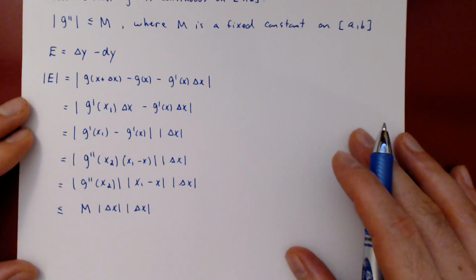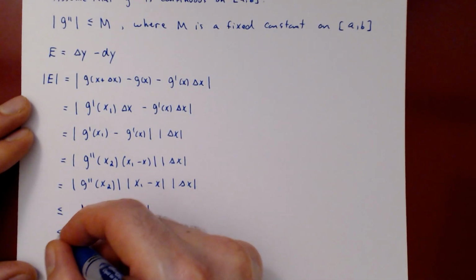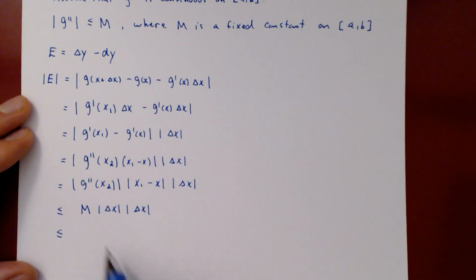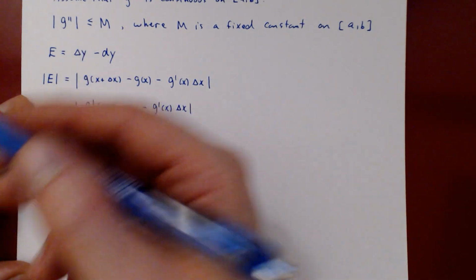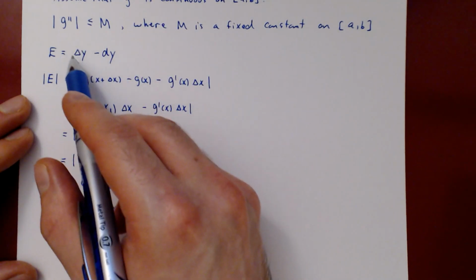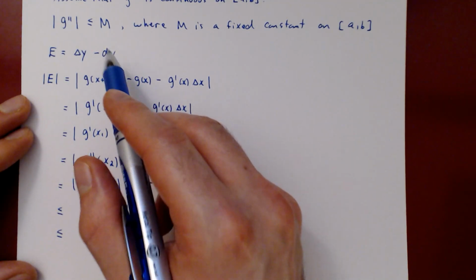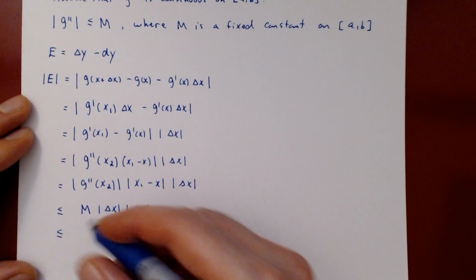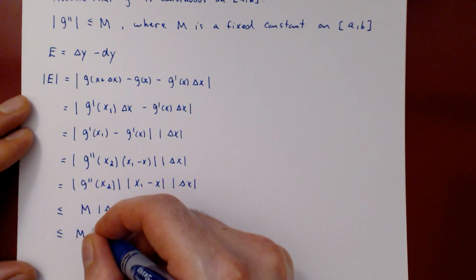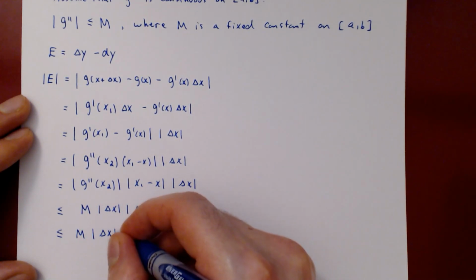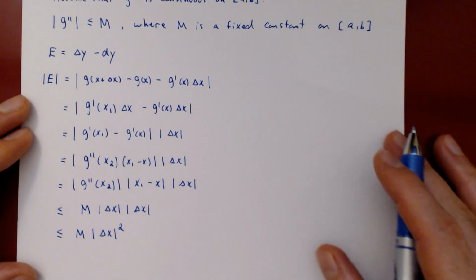So we now have a rather elegant upper bound for the size of the error. The error in absolute value between the exact change in the function delta y and the change along its tangent line dy will be at most a constant times the change in x squared.